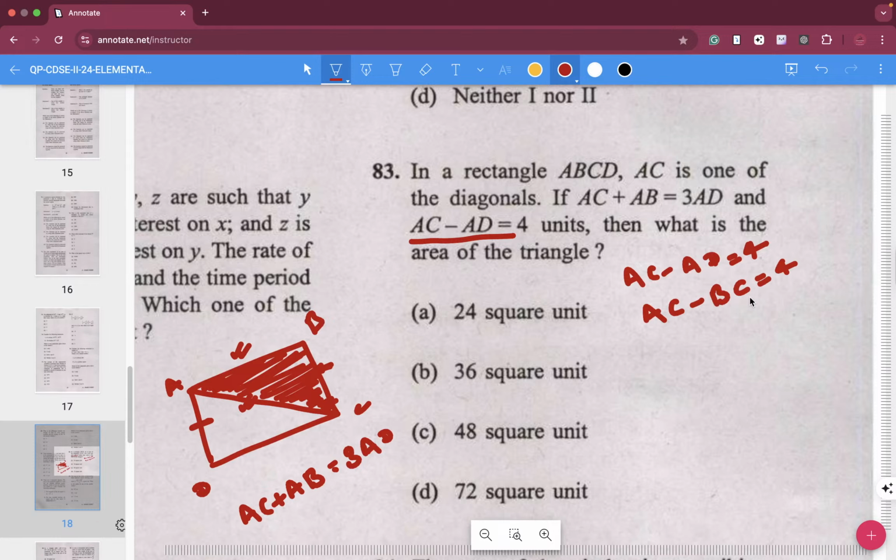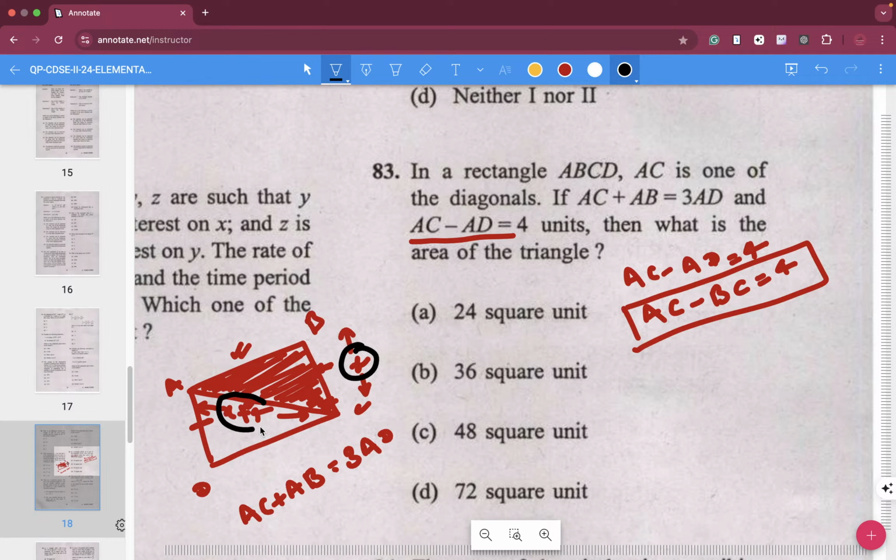If I assume the BC value is x, then obviously AC value will be x plus 4.